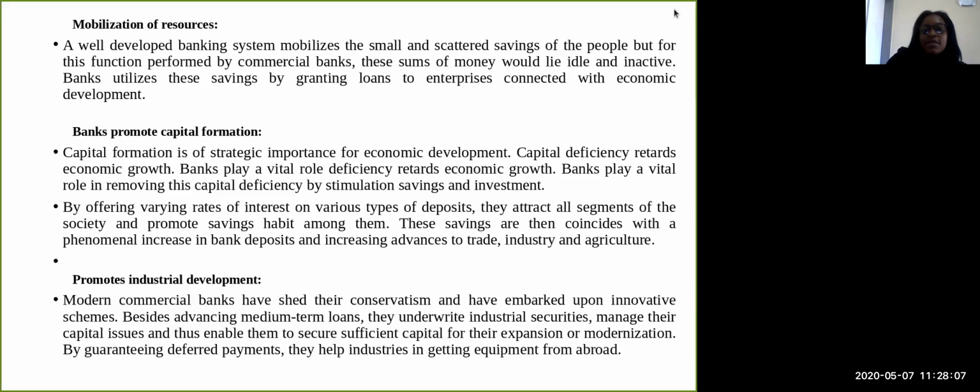Besides advancing medium-term loans and underwriting industry securities, they also manage their capital issues and thus enable them to secure sufficient capital for their expansion and modernization. By guaranteeing deferred payments, the banks help industries in getting equipment from abroad.